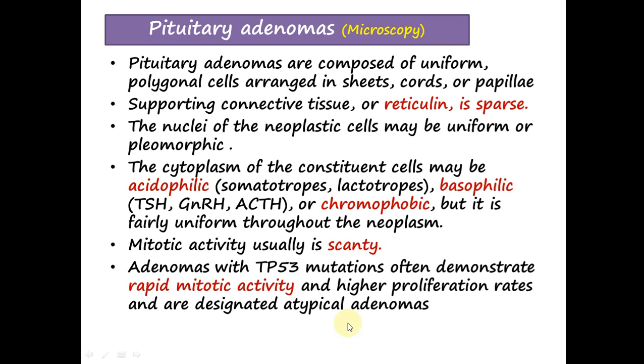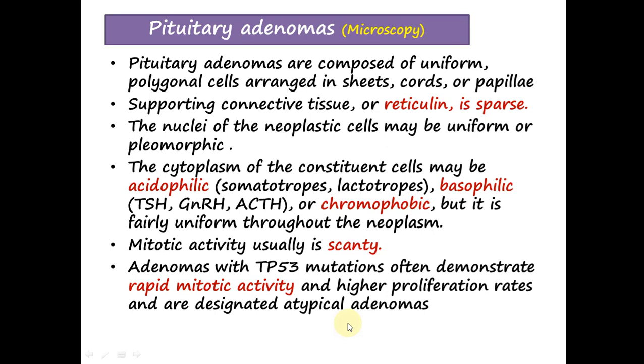Some adenomas do not contain the trophic cells and they appear light yellow and they are known as chromophobic. Whatsoever, the appearance will be either acidophilic or basophilic and sometimes it may be chromophobic with no color.